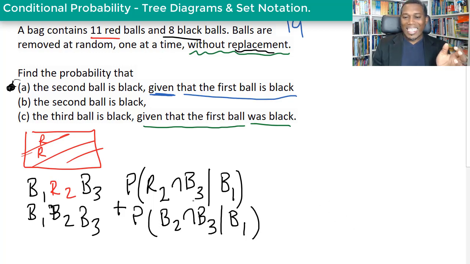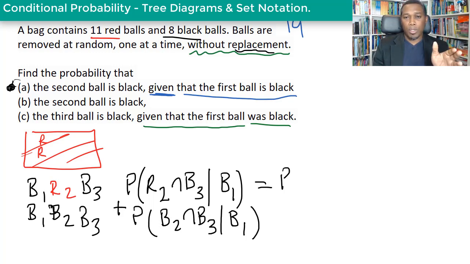Because all this is, in terms of thinking about the branches, the probability of the R2 that we have here, multiplied by the probability of B3. Okay, we only want this R2 and B3, so we need to take into account that B1 has occurred.